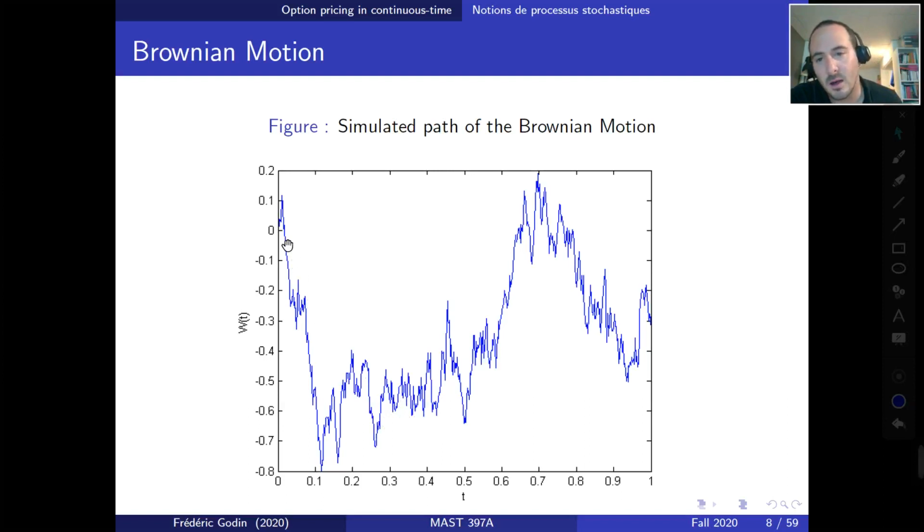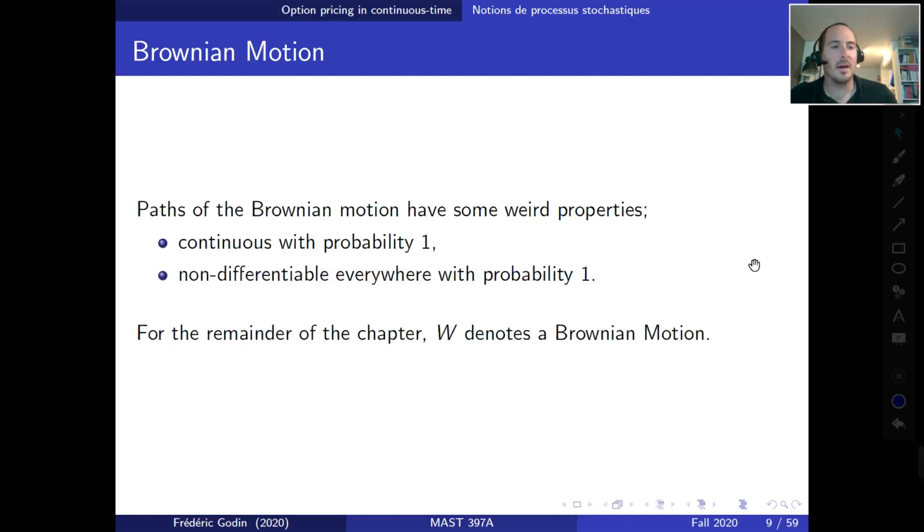Here the path starts at 0, as we said, and then it varies continuously through time. Although it's continuous, the paths are somewhat bumpy. It's continuous, but it's not smooth. Paths of the Brownian motion are very bumpy, and this is a weird property of the Brownian motion.